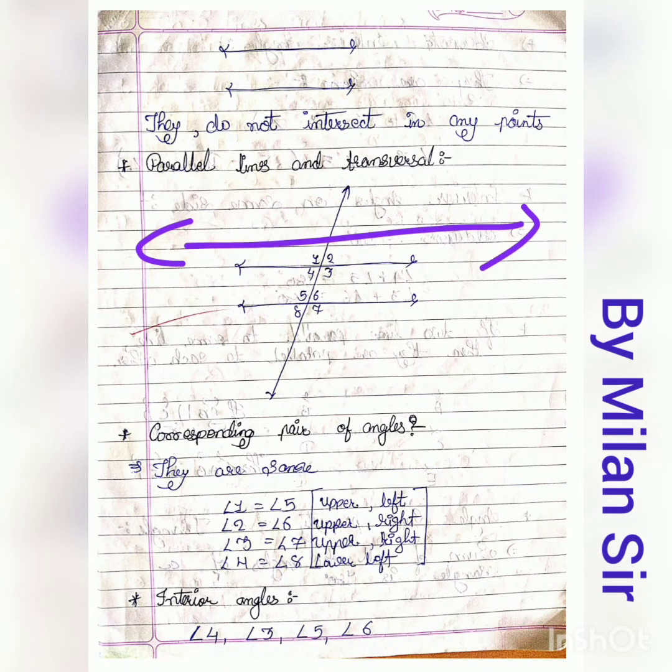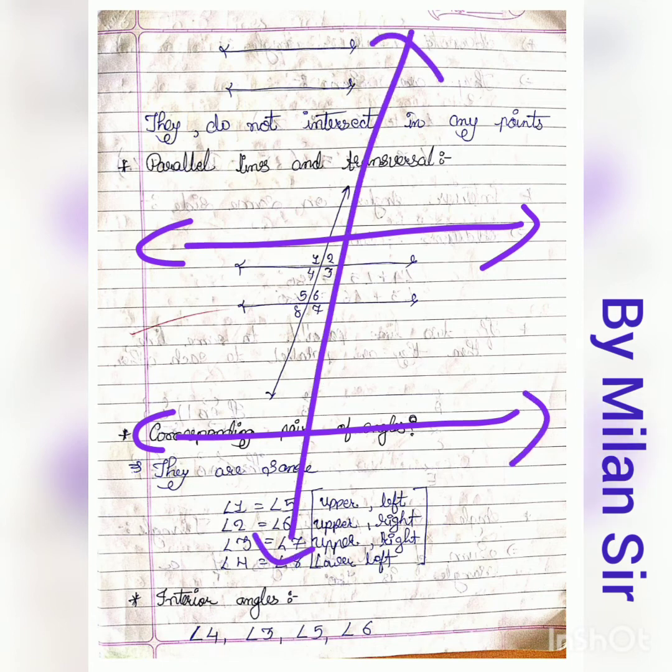These two lines are parallel lines and one transversal is there. It forms a total of 8 angles: 1, 2, 3, 4, 5, 6, 7 and 8. So two parallel lines and one transversal make 8 angles.